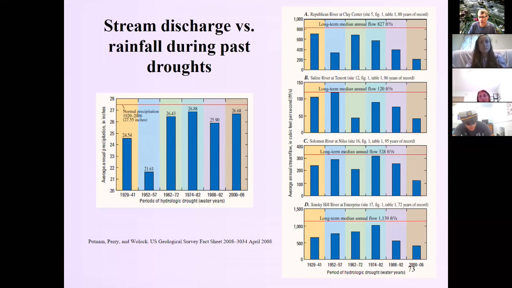But in essentially all these cases, the lowest is the year from 2000 to 2006. So even though precipitation was normal, the water flow levels, the discharge, was much lower. This is why you would predict there was actually a drought going on from the stream flow. But the reality is that the precipitation was normal.